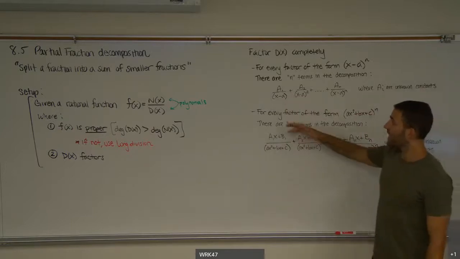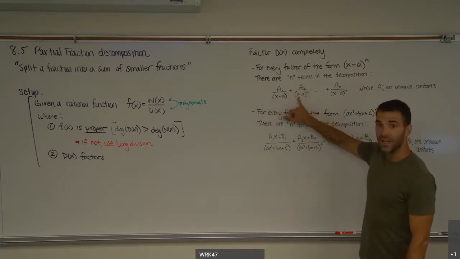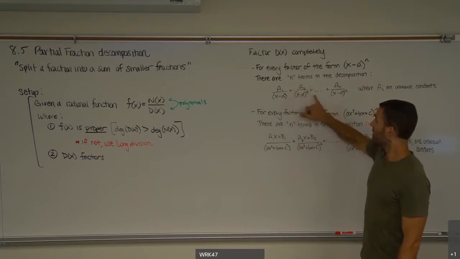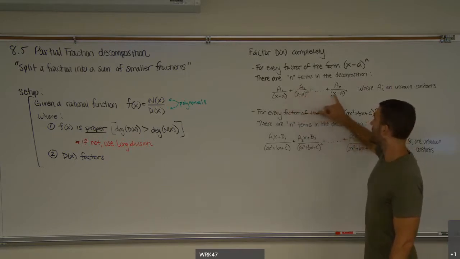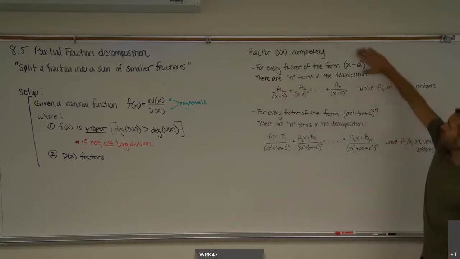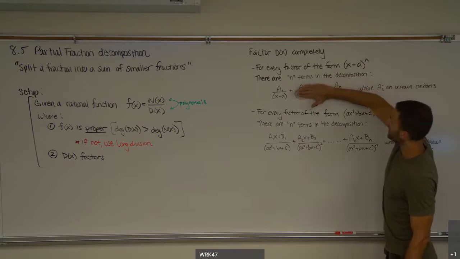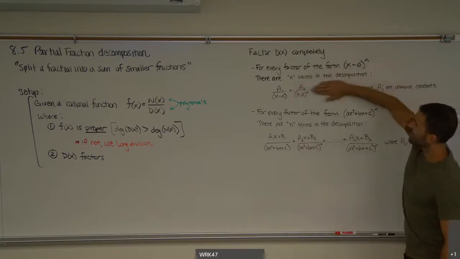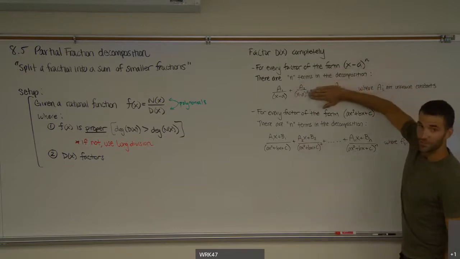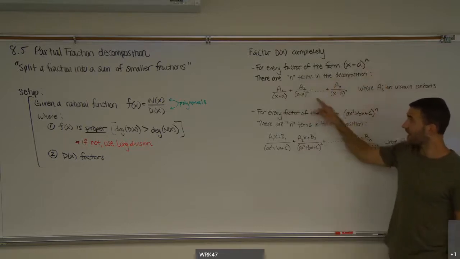So you'll split the fraction up into something over x minus a plus something over x minus a squared plus something over x minus a cubed, up to something over x minus a to the n. Of course, if you only have one of those linear factors, then you get one term in your decomposition. If you have two of those linear factors, two terms in your decomposition, and so on. So for the power of the factor, you get that many terms.